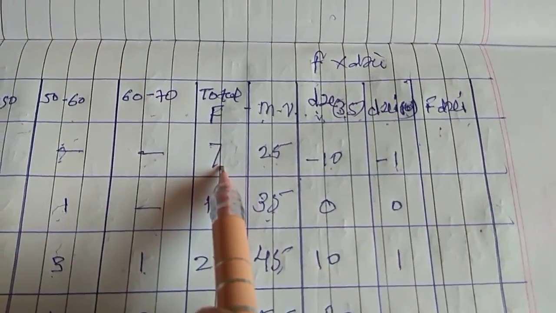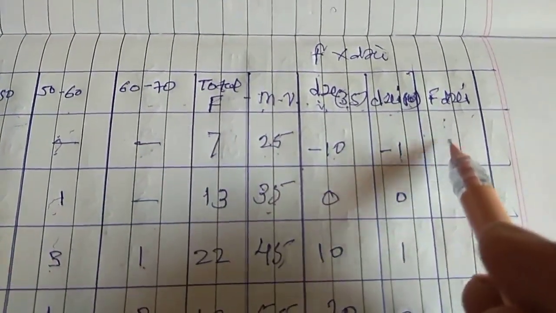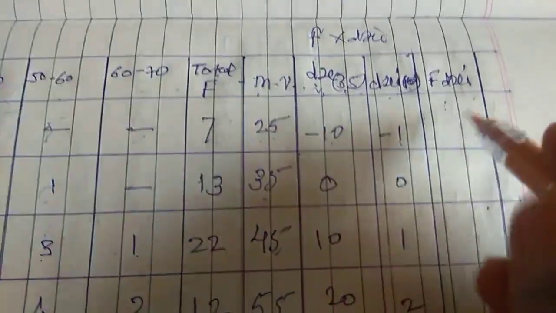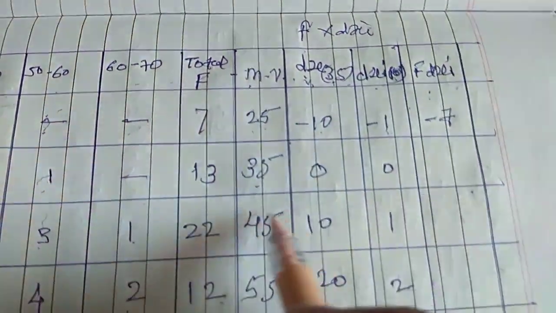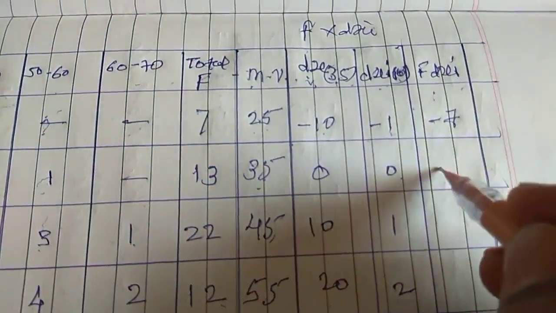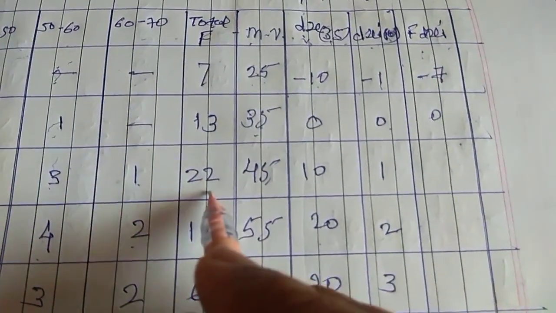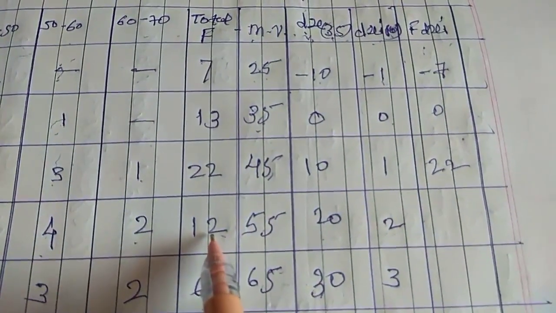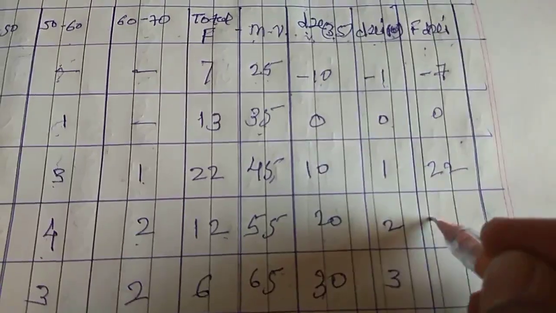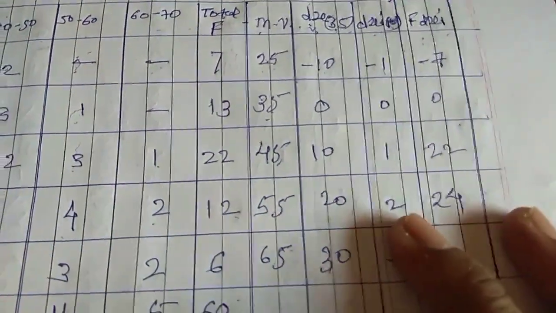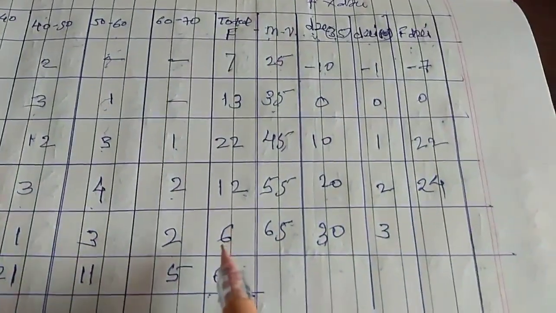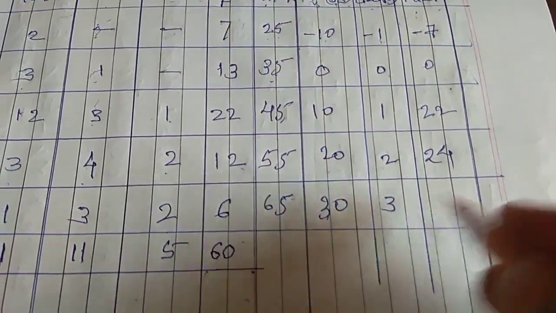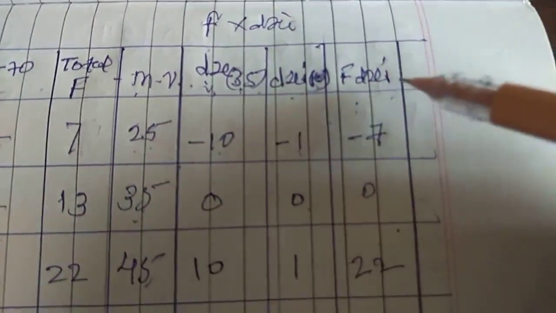We have to make the multiplication, and whatever the answer is, we write it here. 7 into minus 1, minus 7. 13 into 0, 0. 22 into 1, 22. 12 into 2, 24. 6 into 3, 18. In such a way, we made the f dxi series.